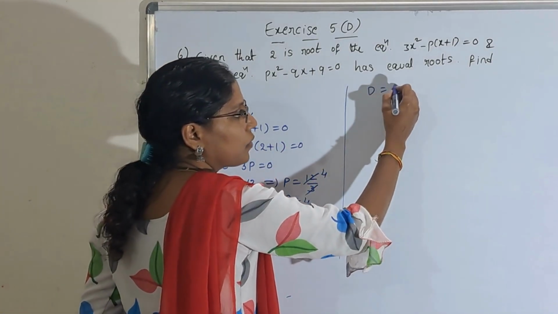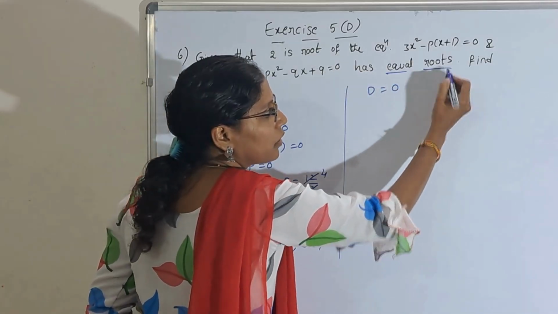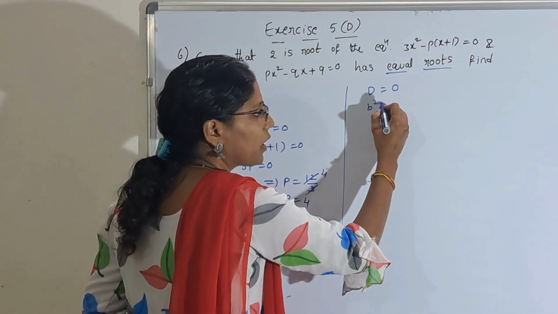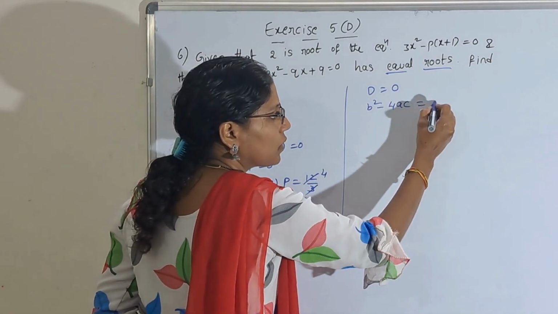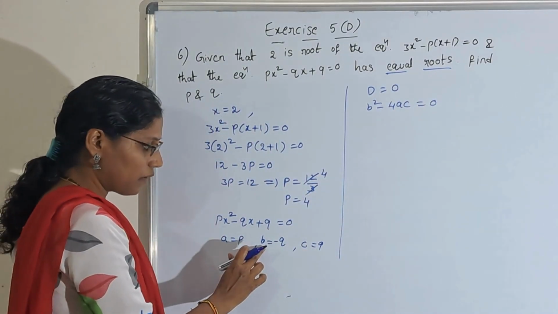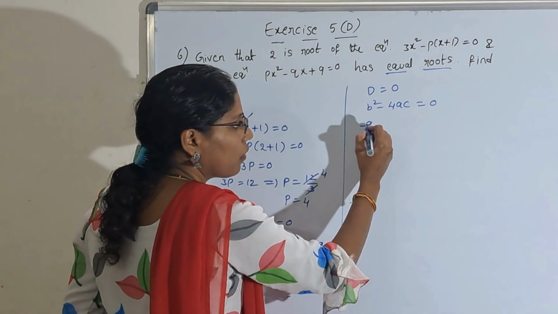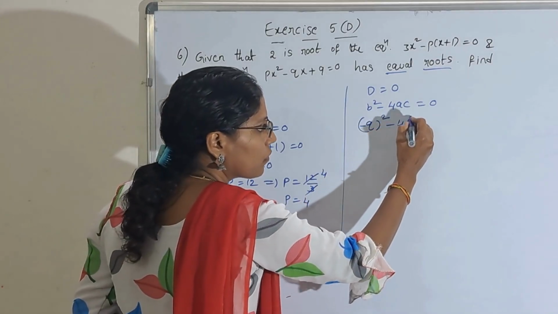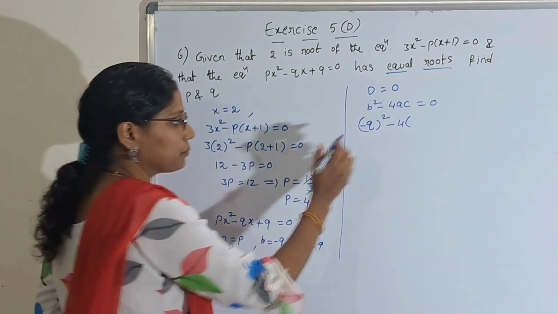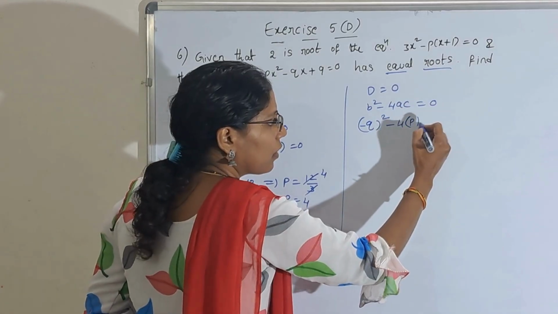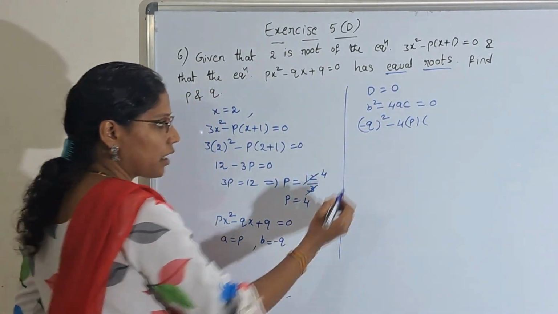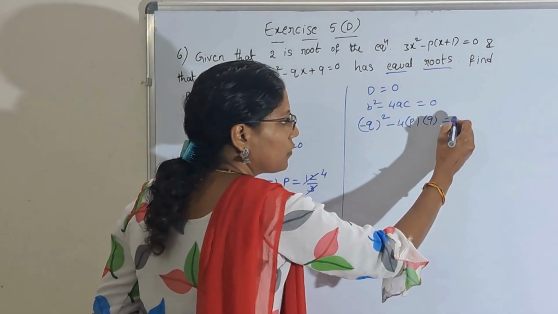Here D is equal to 0 because of equal roots. b square - 4ac = 0. Here the b value is (-q) whole square - 4 into a value is p, c value is 9, equal to 0.